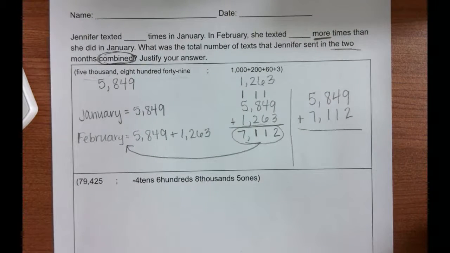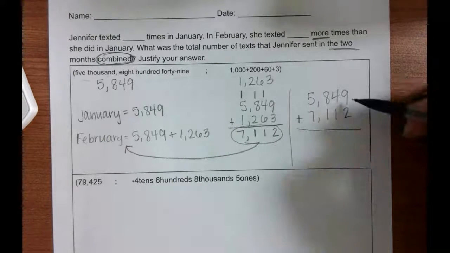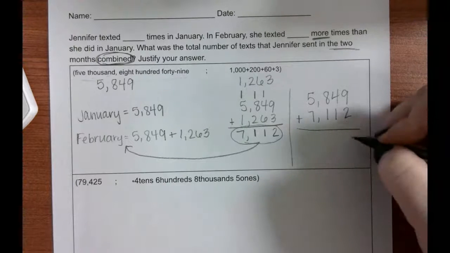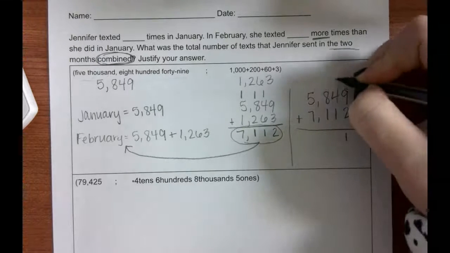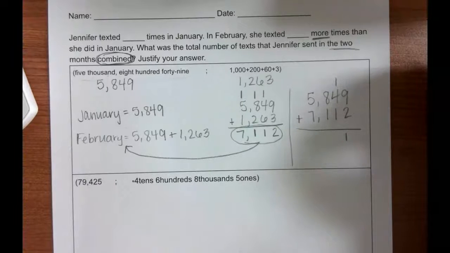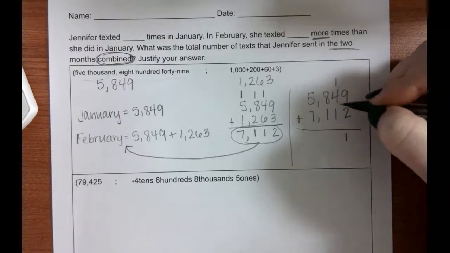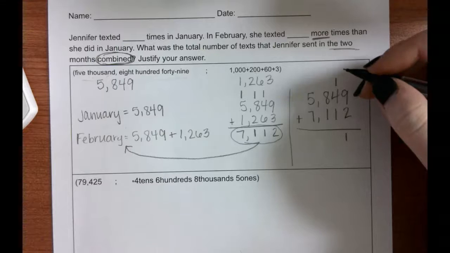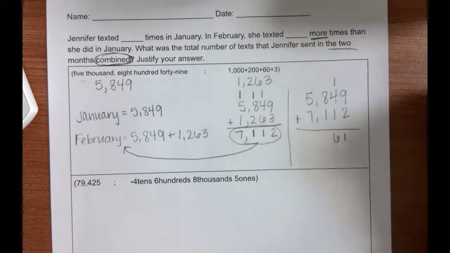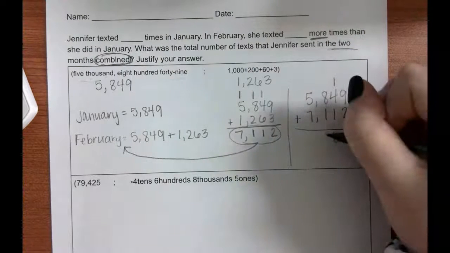So now where do I always start? In the one spot. So 9 plus 2 is 11. So I'm going to drop my 1, carry my 10. What's 4 plus 1? 5 plus 1 is 6. And then to my 100 spot, 8 plus 1 is 9.